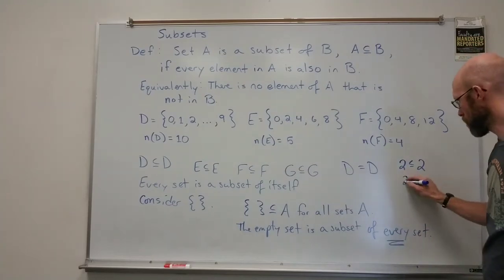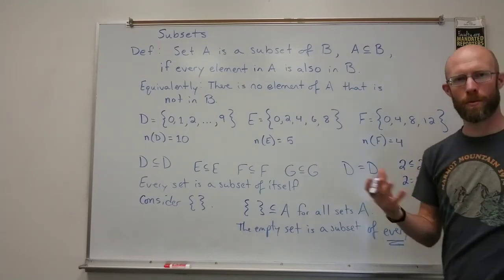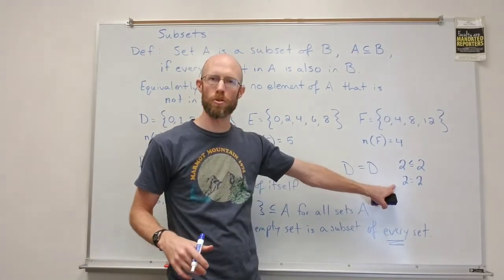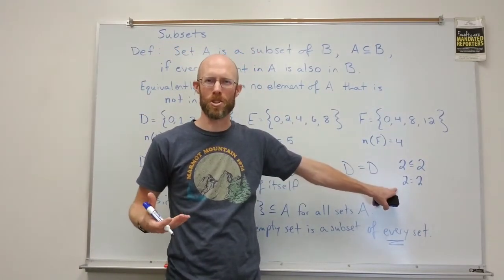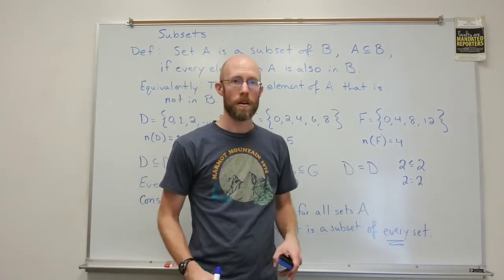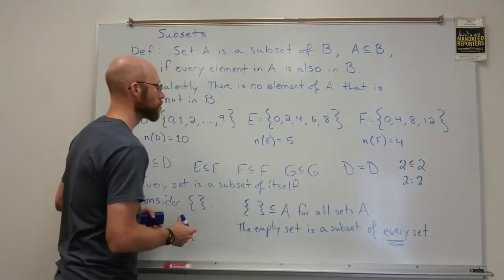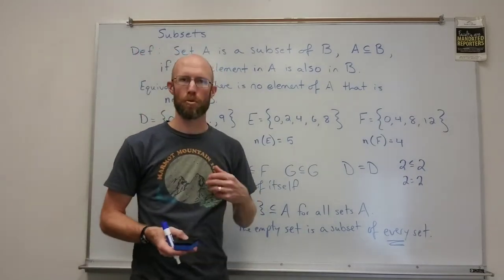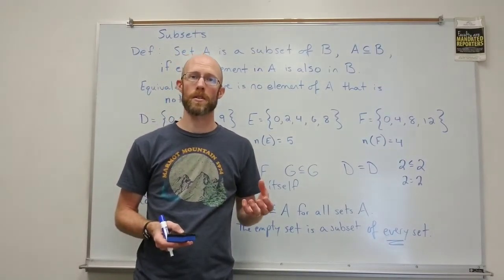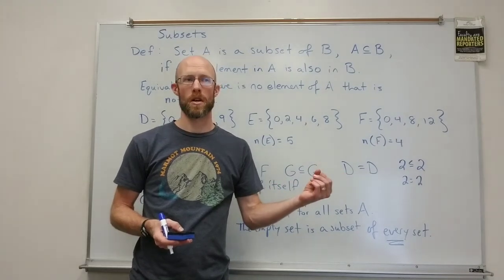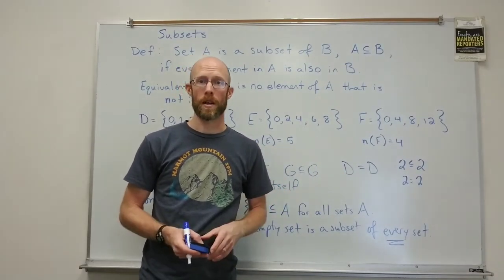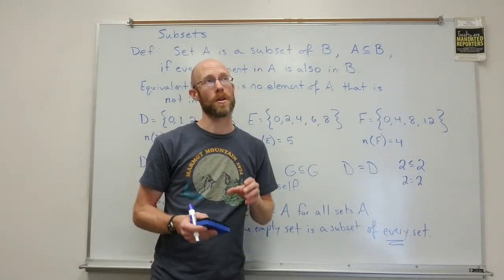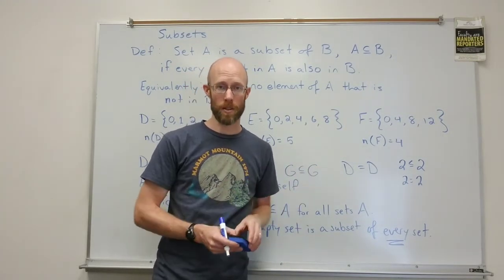Why don't we just say 2 is equal to 2? Both statements are true, but the bottom one seems a little bit stronger. So we're going to define the proper subsets. Proper subsets are ones that are not equal to each other: any subset that is not equal to the other set.